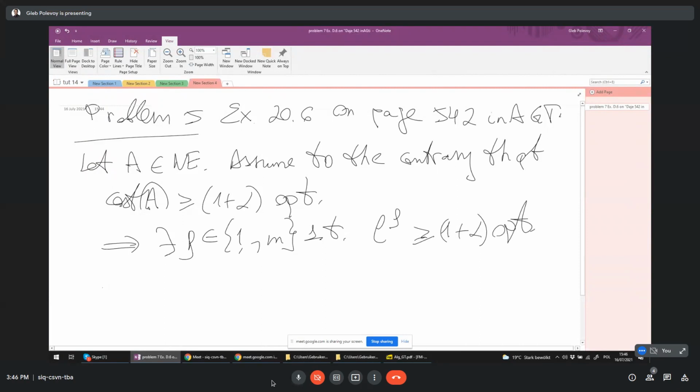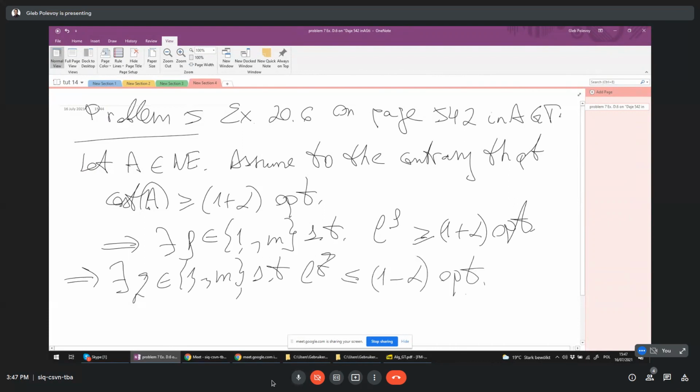But then there has to be also some other machine, Q, such that the load of that machine is at most 1 minus alpha times optimum, simply because the average is at most optimum. So if one machine is going in that direction, there has to be something which is small. Do you understand?